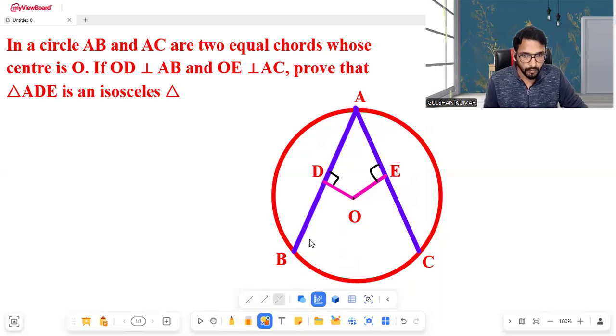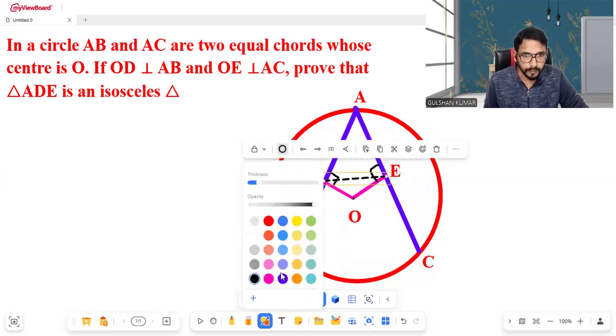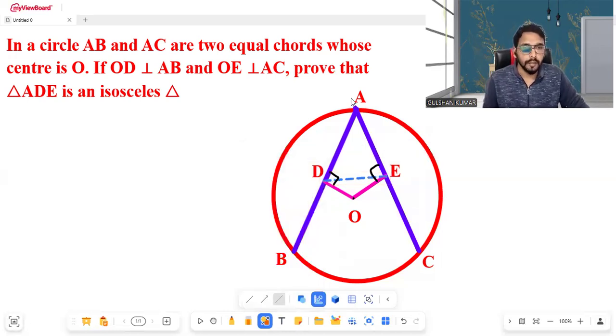Now there is a line between D and E, so that ADE is the triangle here.